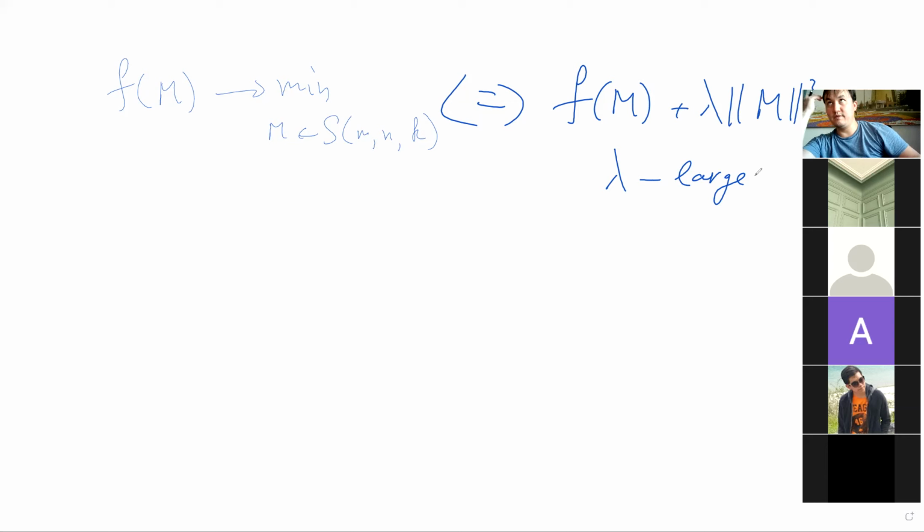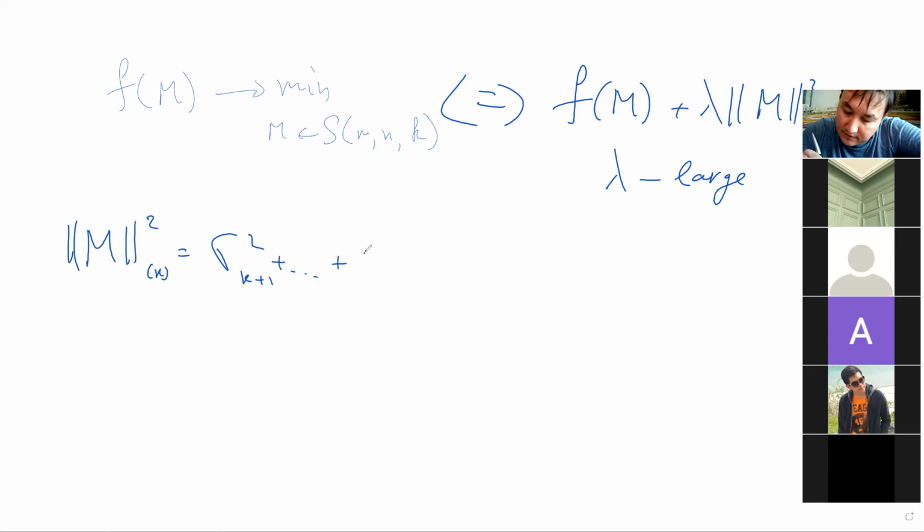And then after we introduce this, we recall what the k antinorm actually is. It is the sum of all singular values starting from k plus 1, squared, right? Here the sigmas are the singular values of the matrix M, of course.